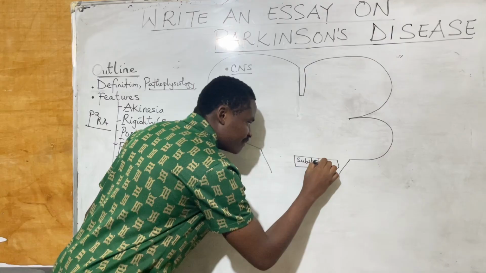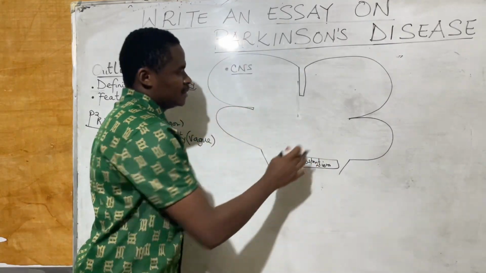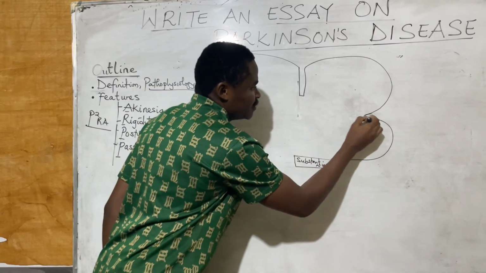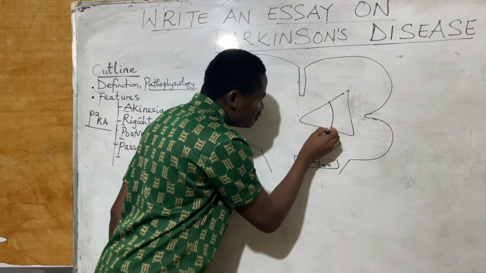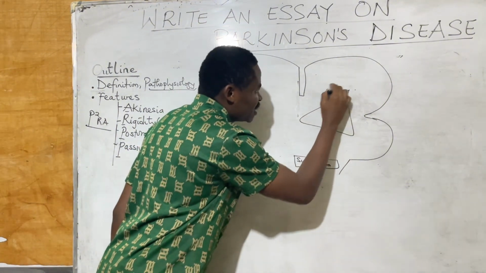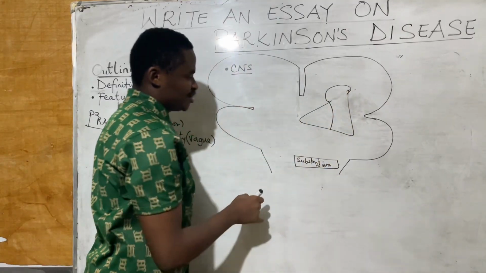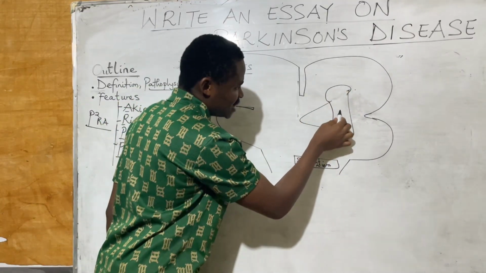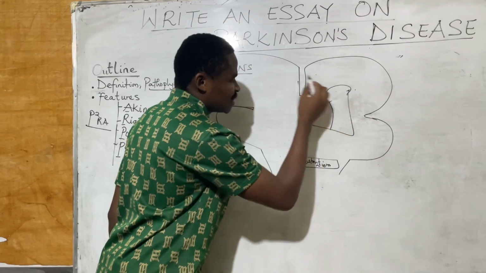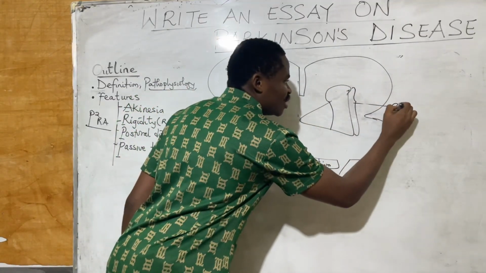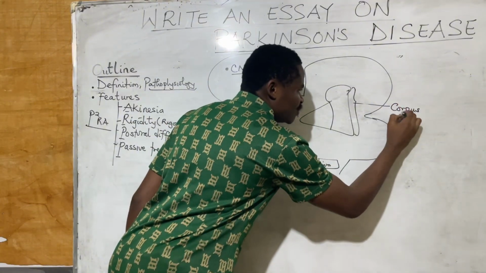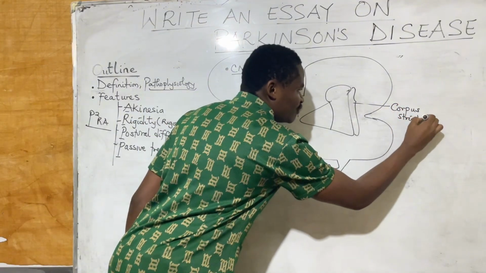Then somewhere here we have the lentiform nucleus. This portion has a part called the putamen and a part called the caudate nucleus. Together, they are called the corpus striatum.